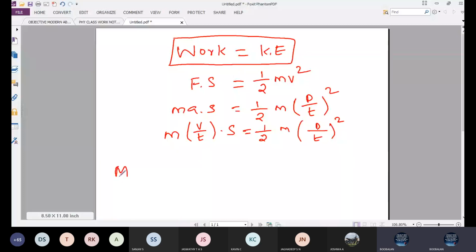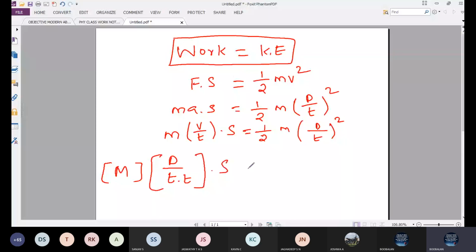So mass dimension formula M only, with a square bracket. Velocity means displacement by time. Displacement by time, already one time it is t. Into S, 1 by 2 M, d square divided by t square.